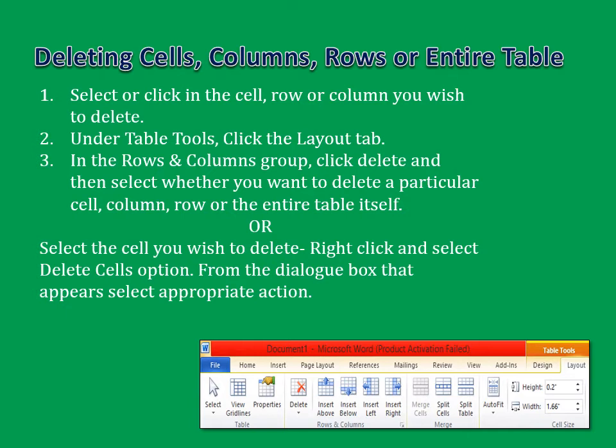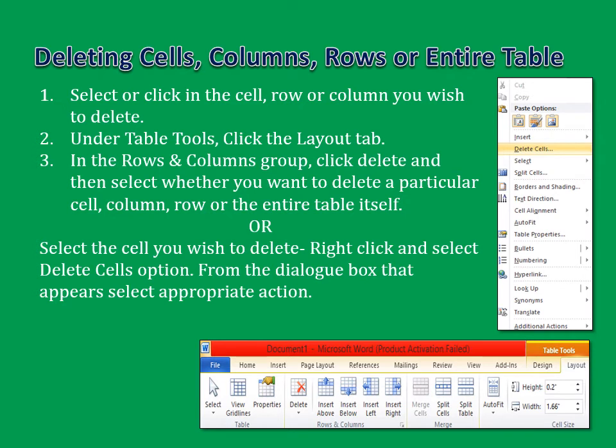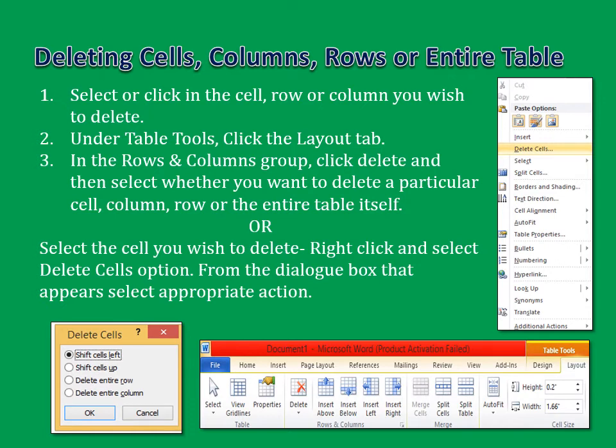Or the other way of deleting is select the cell you wish to delete, then right click and select the delete cell option. As you right click, this pop-up menu comes up. It is showing you the option of delete cell. Click on the delete cell. These options will come up.